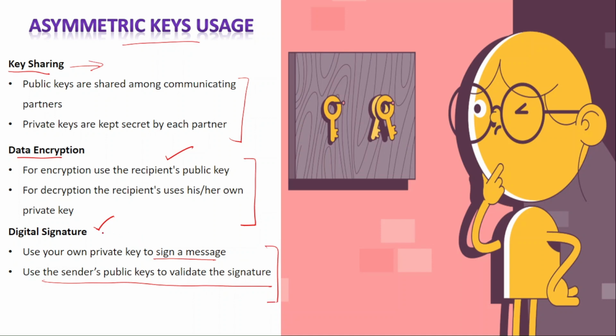We will see in detail how a digital signature is done. But the main purpose of the digital signature is that it provides, number one, integrity of message. It makes sure that the message sent from party A to party B is not altered or corrupted during transit. The second is authenticity.